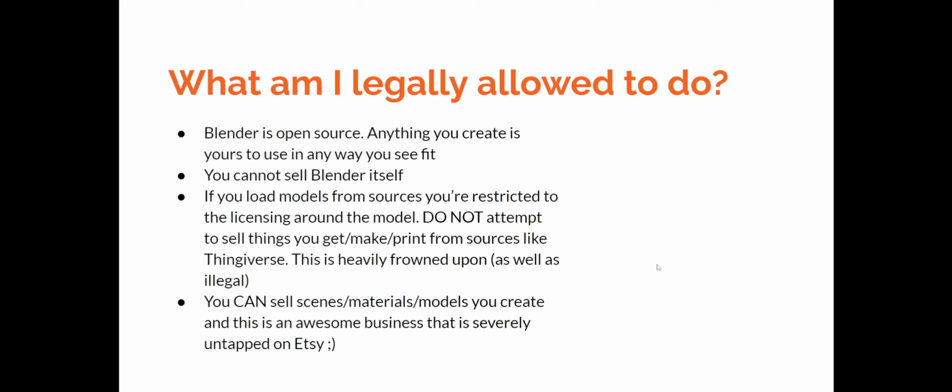You cannot sell Blender itself, so you can't bundle Blender and sell it. That is like hugely illegal. It's an open source software covered under the GNU licensing agreement, so don't try to sell Blender. If you load models from sources such as Thingiverse or Thangs 3D or Prusa or any of these other places that provide free 3D models, you need to read the agreements on them.